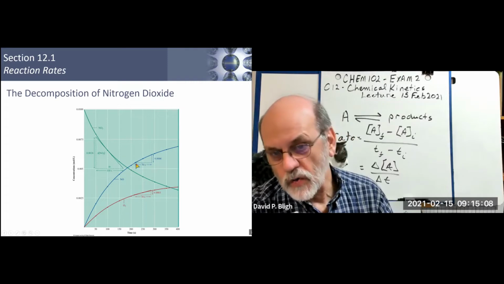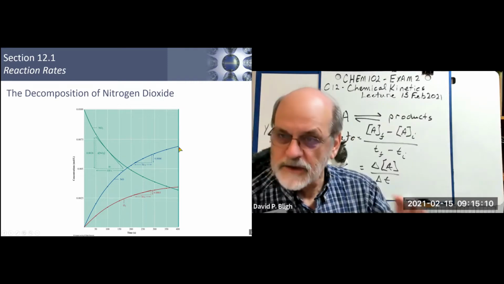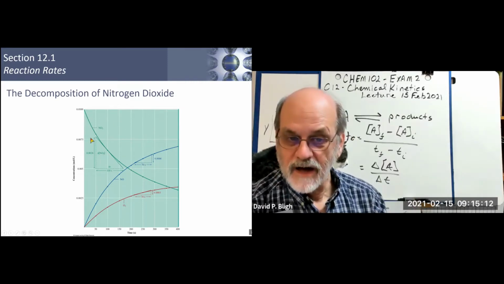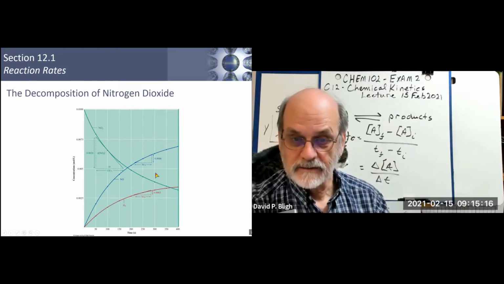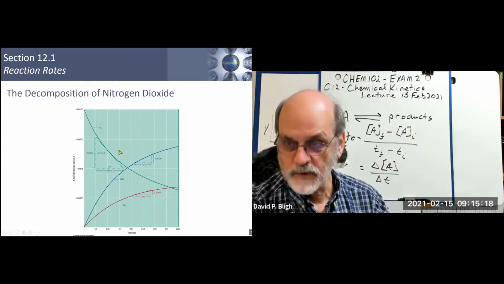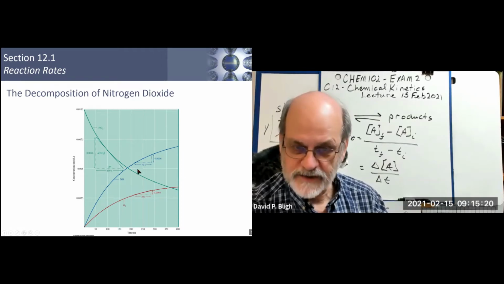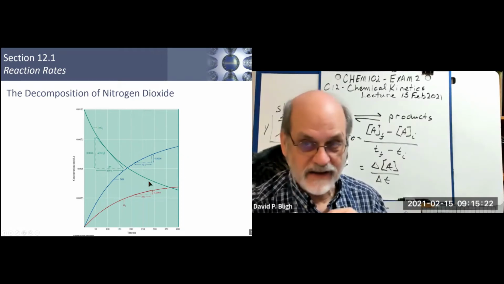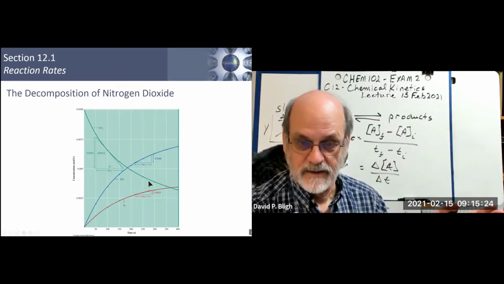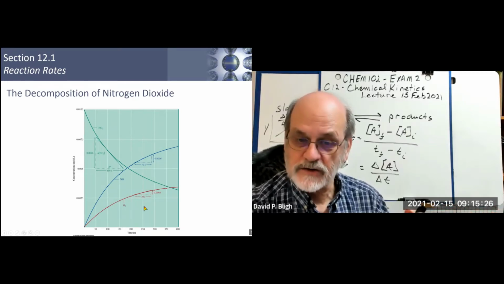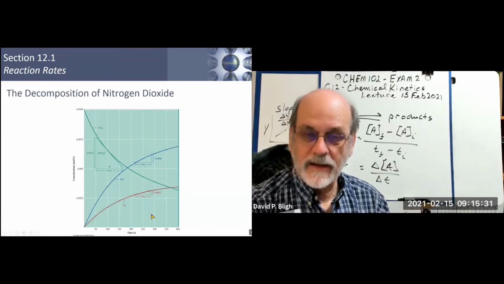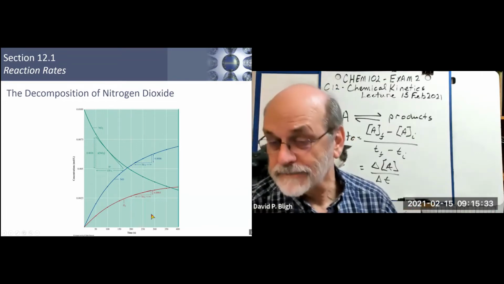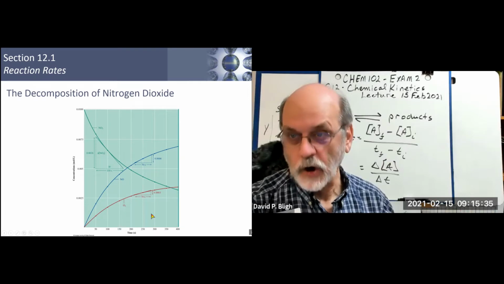So the NO curve is just a mirror image of the NO2 curve because of the stoichiometry. It's a 2-to-2 relationship or a 1-to-1. So as this appears, this disappears at exactly the same rate. Whereas the appearance of oxygen is exactly half that.